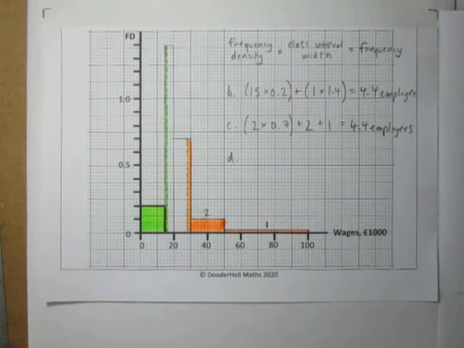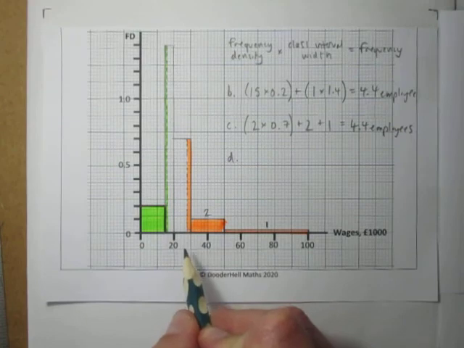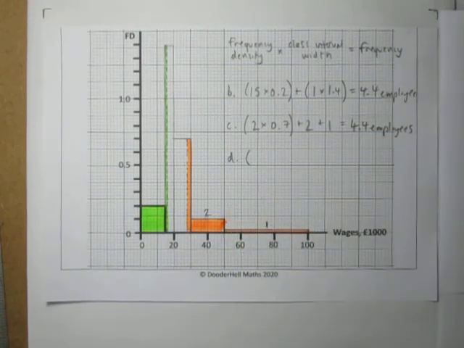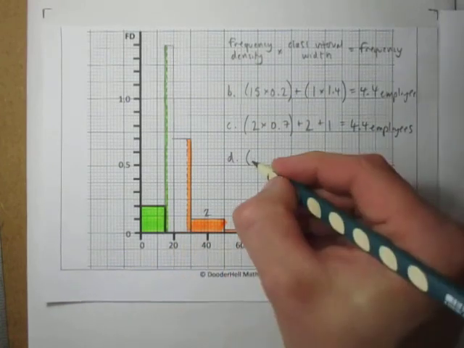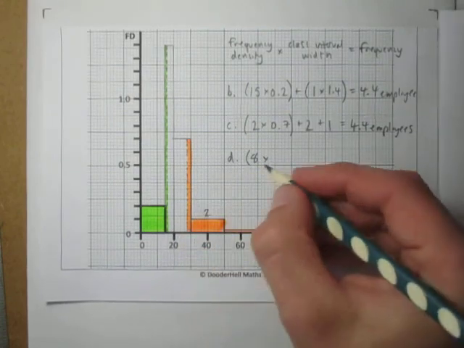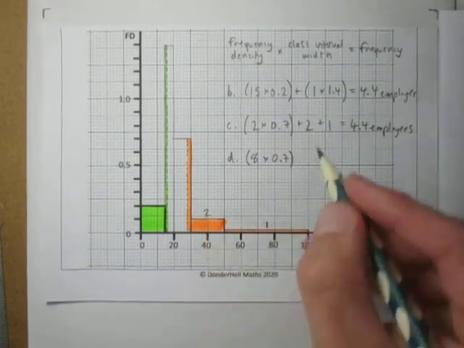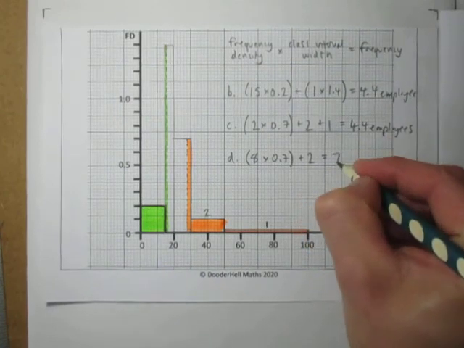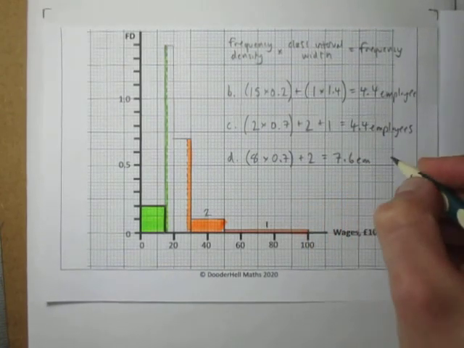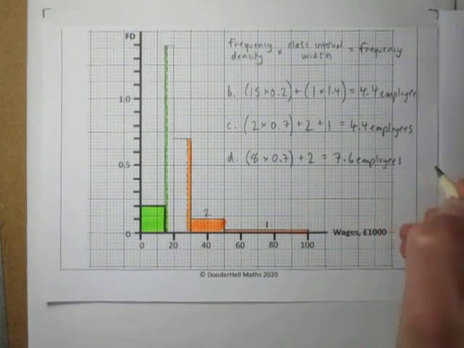So what we've got to do for that one is, between 22,000 and 50,000 implies it's going to have to be between 22,000 and 30,000, which is a width of 8, times by the frequency density of 0.7, plus the 2 people who are between 30 and 50,000, which actually gives us 7.6 employees earning between 22,000 and £50,000.